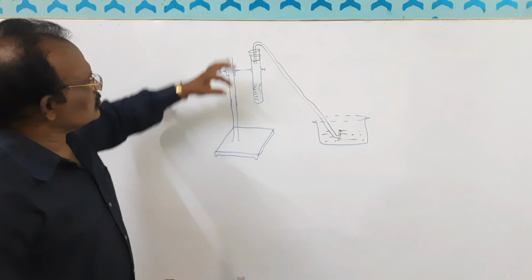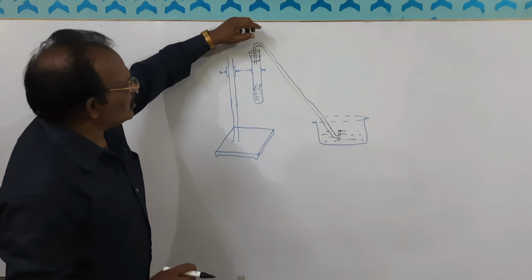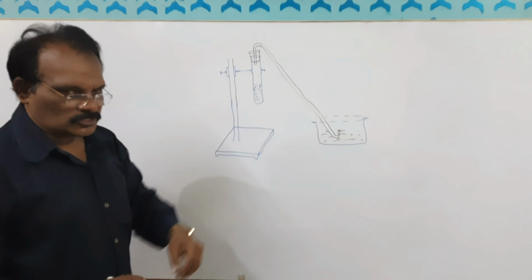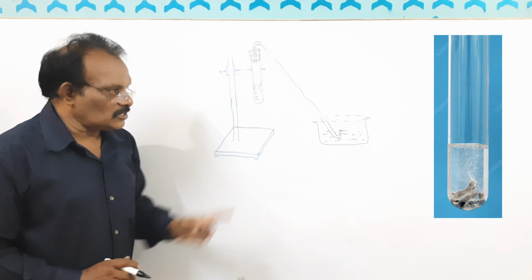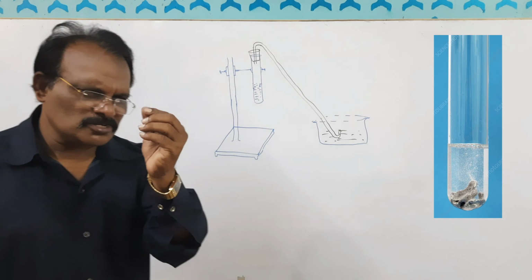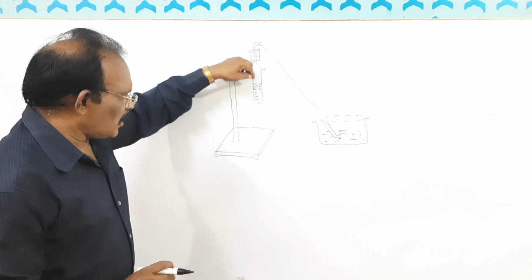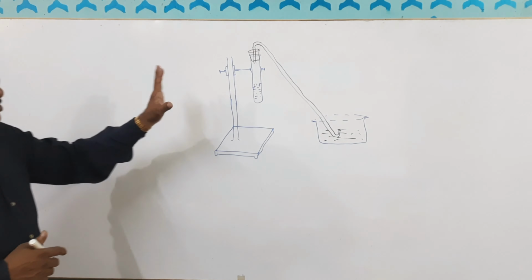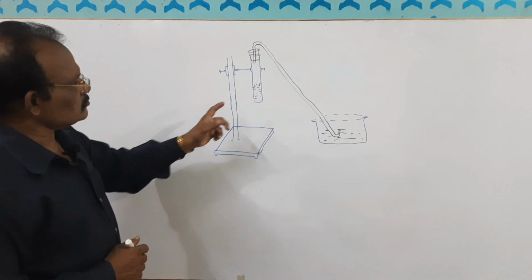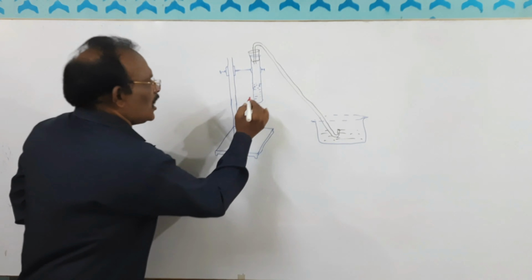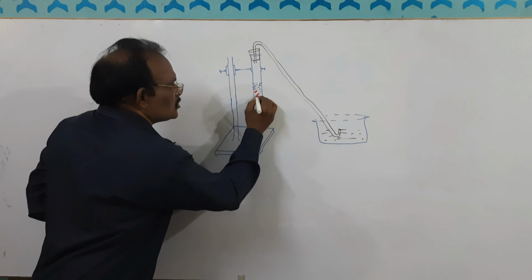Now what you do, you slightly remove this cork and put in zinc granules. Zinc granules are small, bright pieces of zinc.